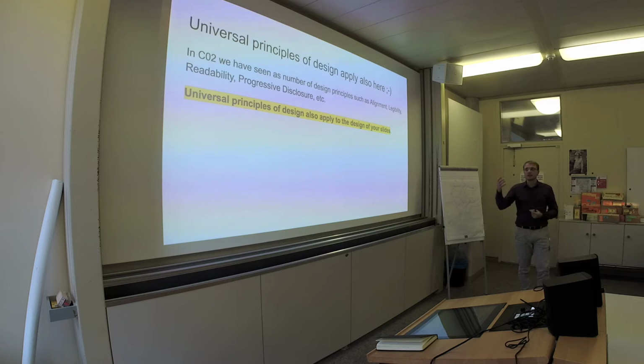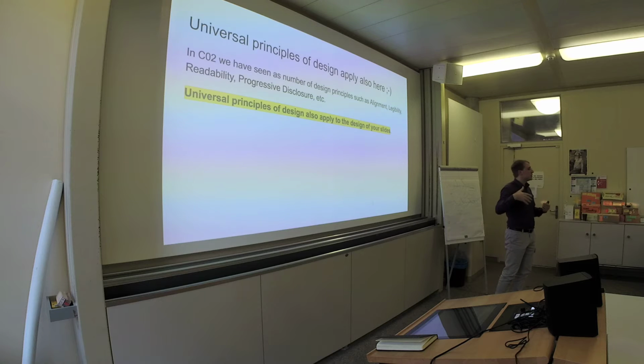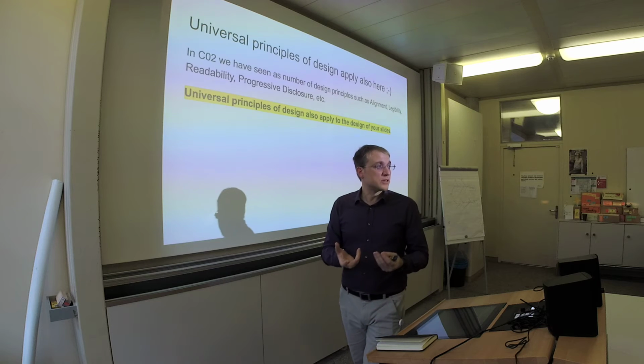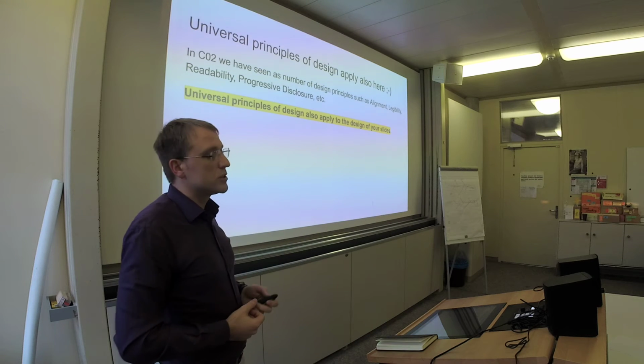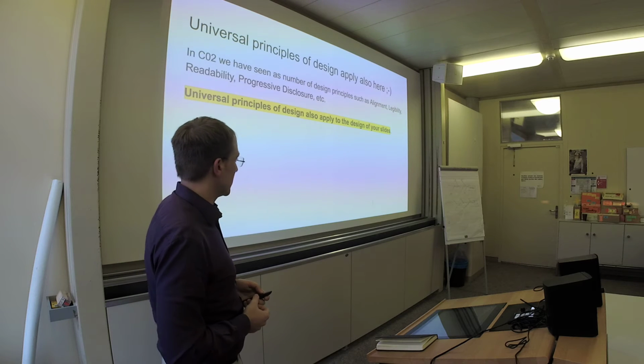Because in a sense, you're designing stuff that goes on the wall, and you're also scripting what you're going to say and how you're going to move in the room as you go through the content on the wall. And if you do this correctly and apply the same design principles that we have learned for interaction design in general, I think you're going to improve the quality of your presentation, okay?